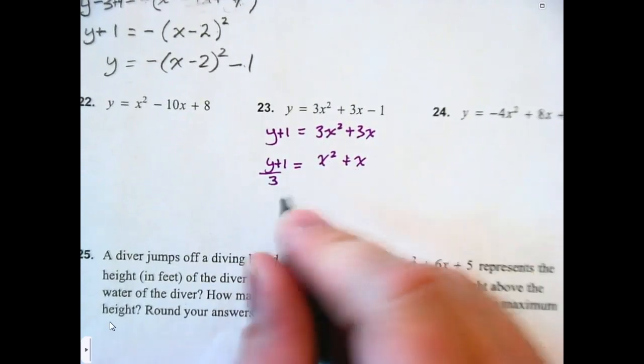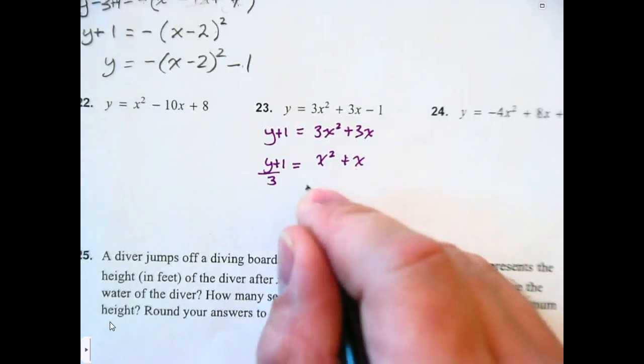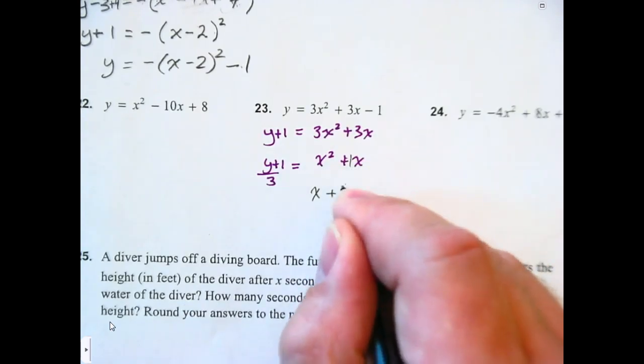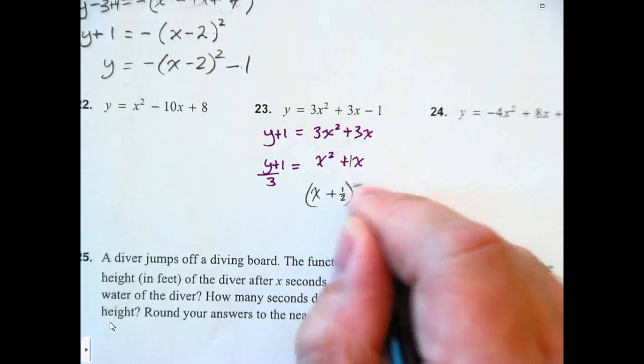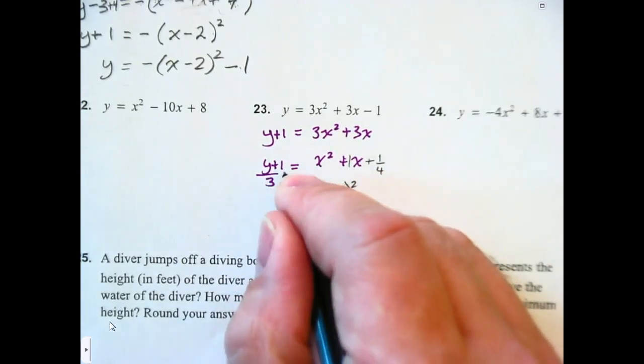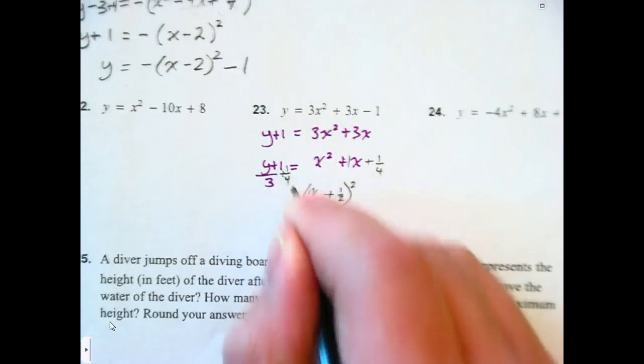Okay, to finish up this one, for those of you that have done it there, cut that in half. It's 1/2, and then square it to get 1/4. And that means you're adding 1/4 on this side as well.